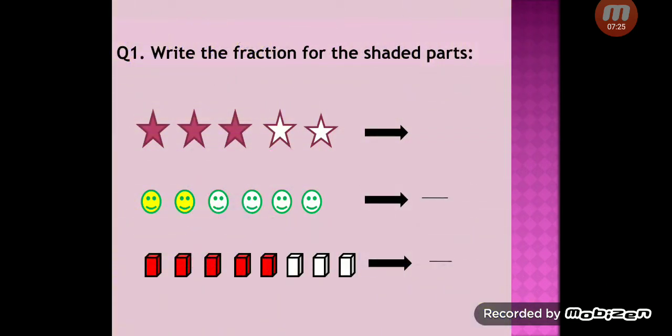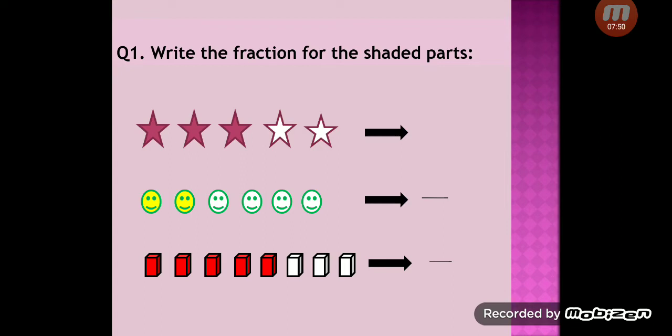Now let's do a few more examples. Here I have a question. Write the fraction for the shaded part. Shaded means colored. In my first collection, I have 5 stars, whereas out of 5 stars, 3 stars are shaded. So how will I write the fraction for this collection?